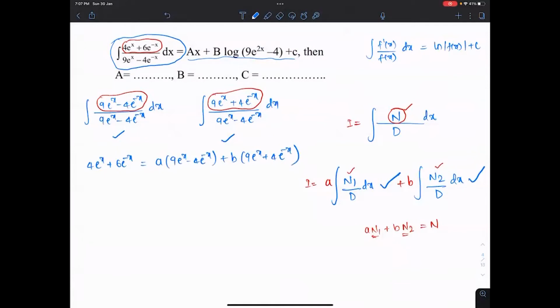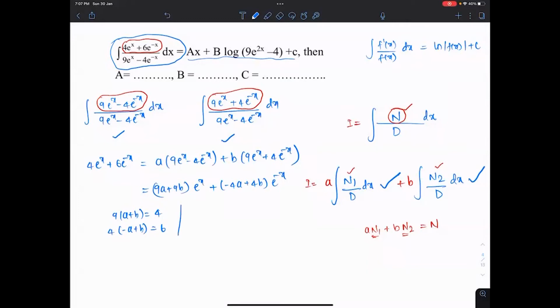So this is (9a plus 9b) times e power x plus (minus 4a plus 4b) times e power minus x. If you compare, 9 times (a plus b) must equal 4, and 4 times (minus a plus b) must equal 6. So you will get the values of a and b.